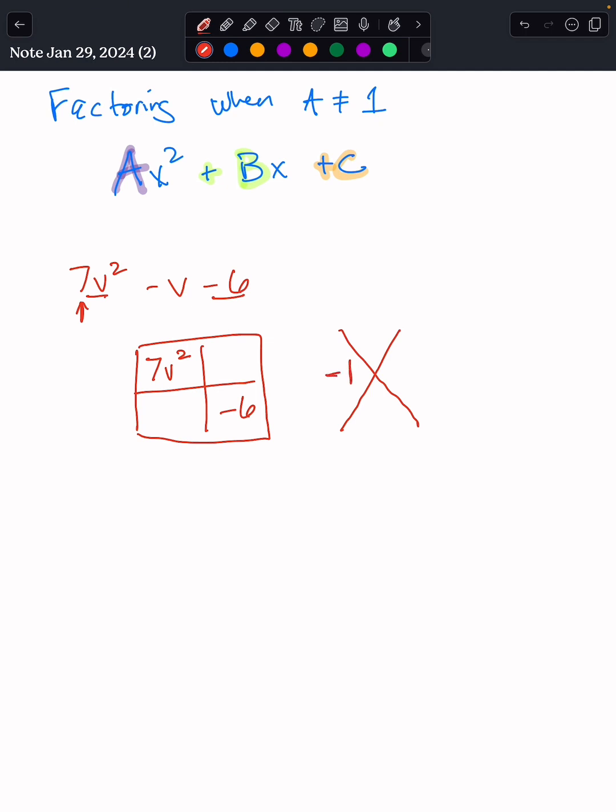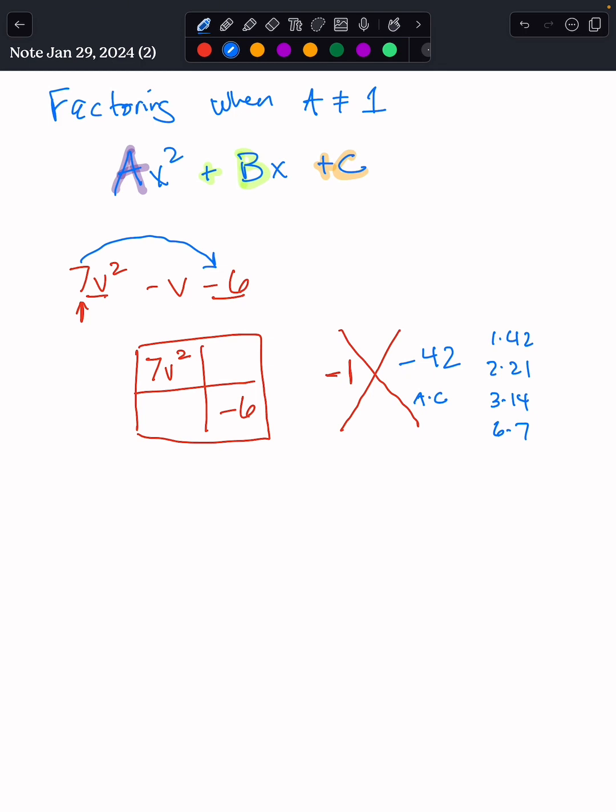What changes this time is we have to do, remember that this was a times c back here. So I got to do 7 times negative 6. You get negative 42. And we have to figure out what times what makes negative 42 like before. 1 times 42. 2 times 21. 3 times 14. 6 times 7.